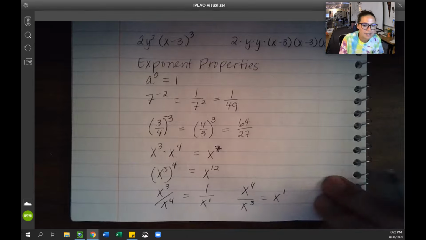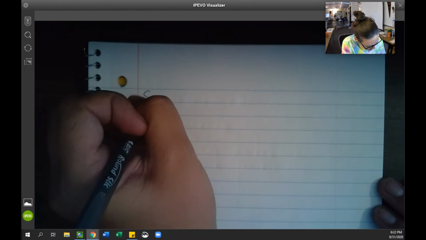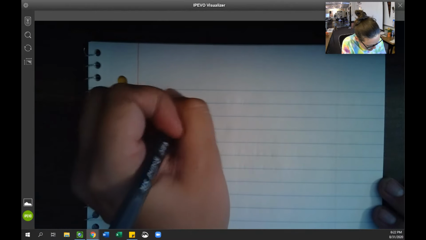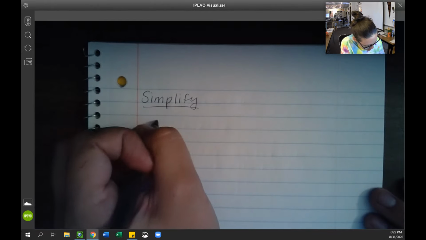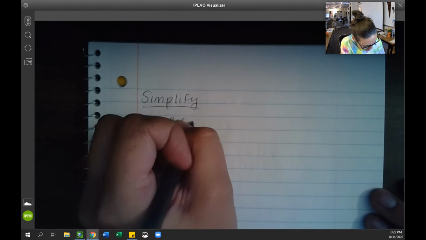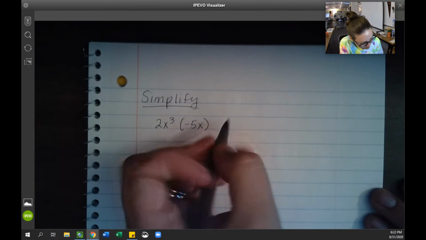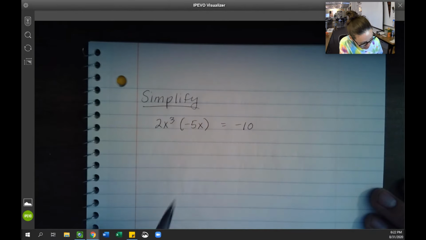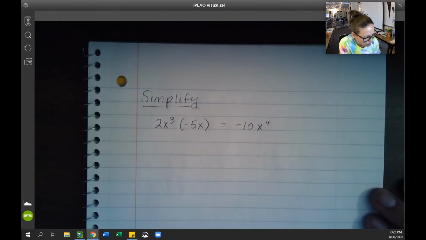All right, one last thing, just a couple of exponent properties. Let's say we are going to simplify 2x cubed times negative 5x. Well, I can do 2 times negative 5, which is negative 10, and x cubed times x is x to the 4th.